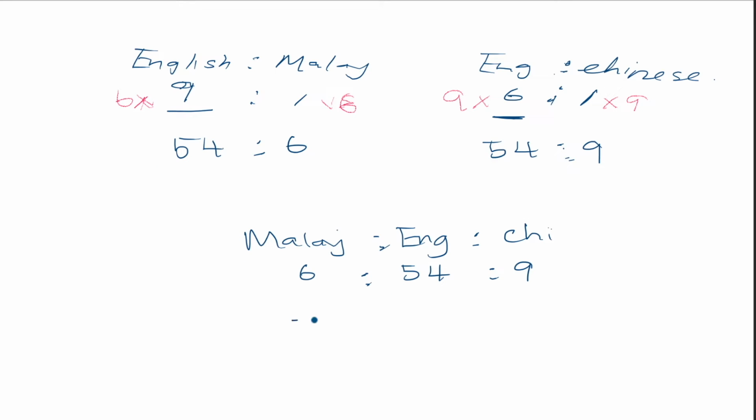So English book is 54, to Chinese books 9, and then 6. Correct or not? And then of course you need to reduce it to the simplest form. 18, 3, and 2. So you will be your number 1.